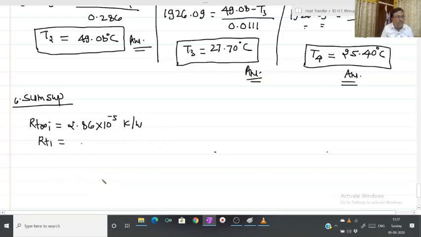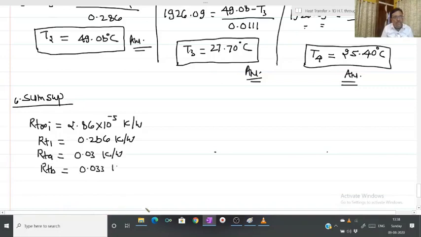RT1 equal to 0.286 Kelvin per watt. RTA is equal to 0.03 Kelvin per watt. RTB 0.033 Kelvin per watt. RTC 0.038 Kelvin per watt.